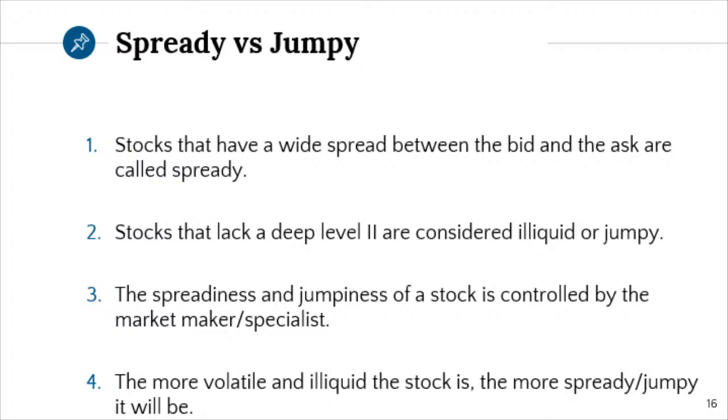Stocks that lack a deep level 2 are considered illiquid, and those are usually jumpy. Okay, so you got it? Some stocks have just a wide spread. They're not jumpy, but they're very spready. Some stocks are not very liquid, and therefore they're usually jumpy.